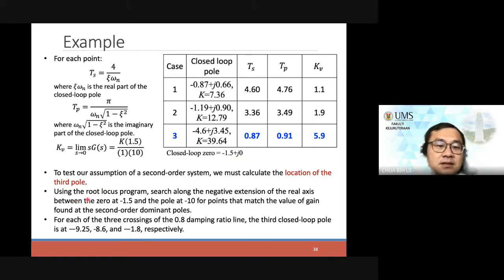Then, using the root locus program, search the negative extension of the real axis between the pole at -1.5 and the pole at -10, that matches the gain found here. For each, we would check to get the damping ratio, the poles, and so on.